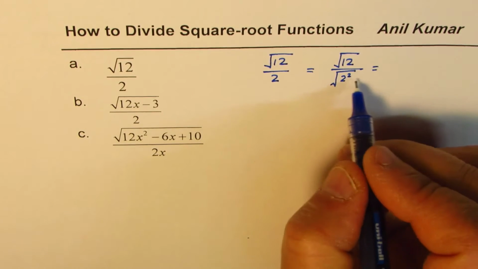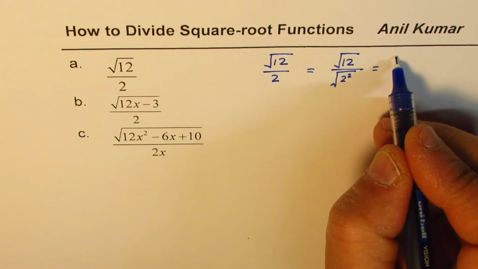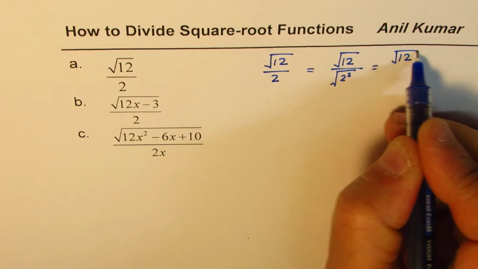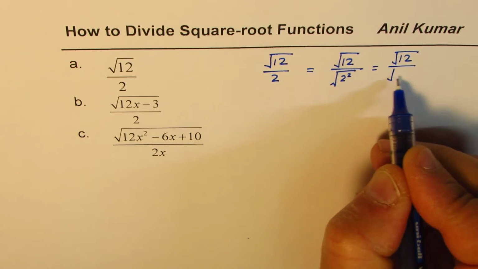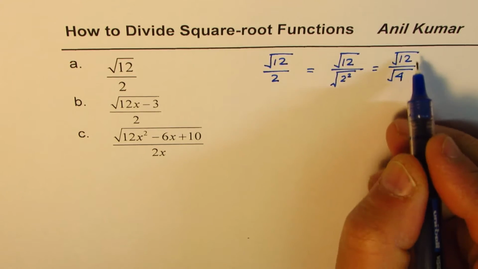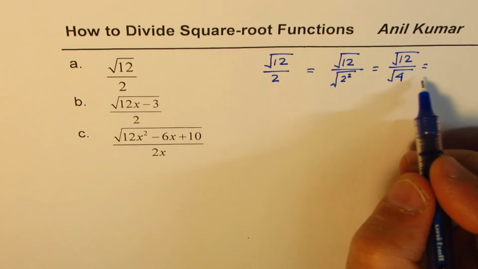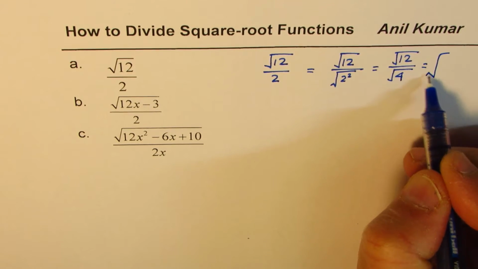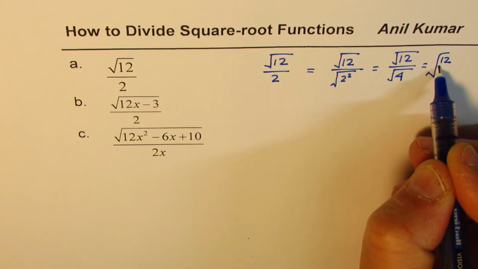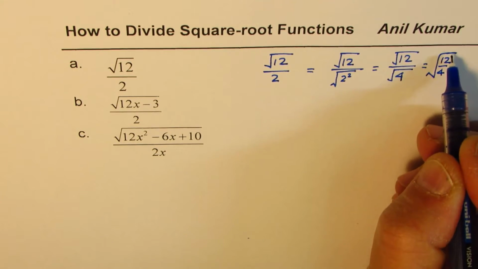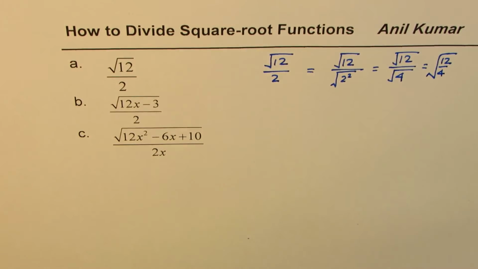So basically what I have here is square root of 12 divided by square root of 4, right? Now in radicals, if you have the same structure of radical, the square root, you could actually do the normal division like 12 divided by 4. Do you see that?